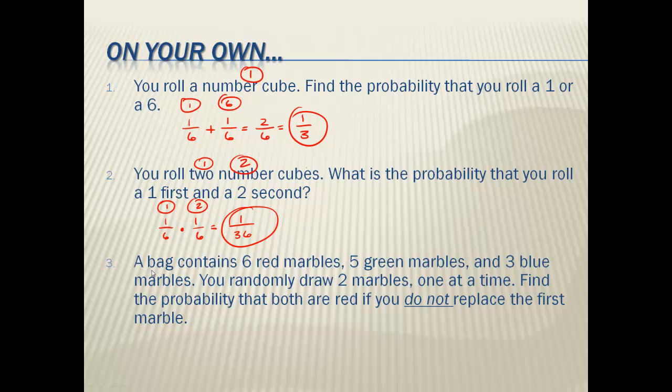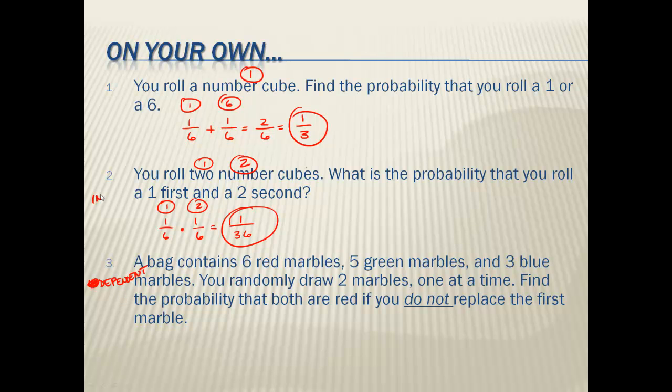Okay. And last one. A bag contains 6 red marbles, 5 green marbles, and 3 blue marbles. You randomly draw 2, one at a time. Find the probability that both are red if you do not replace the first marble. So this one is a dependent.